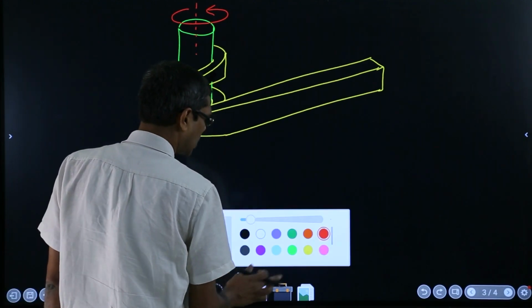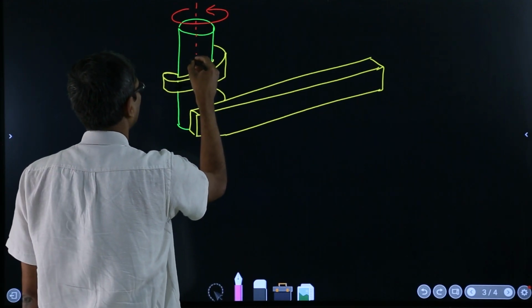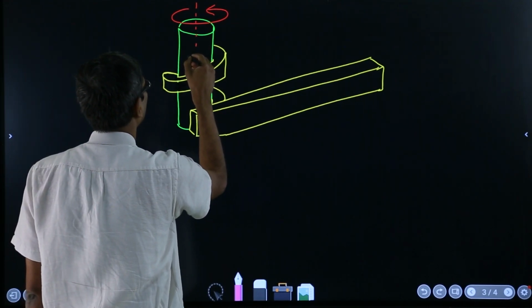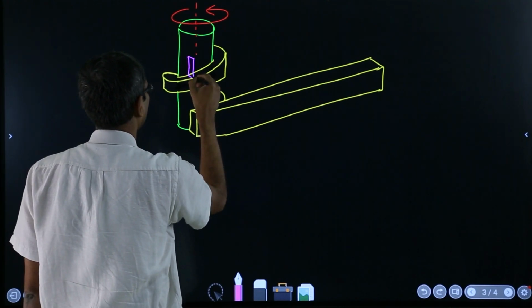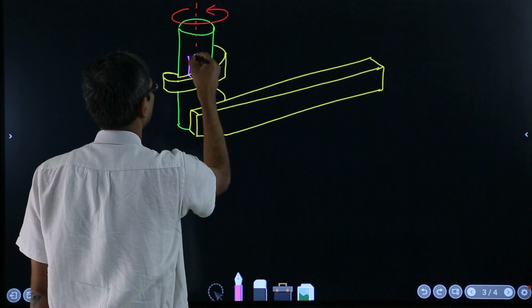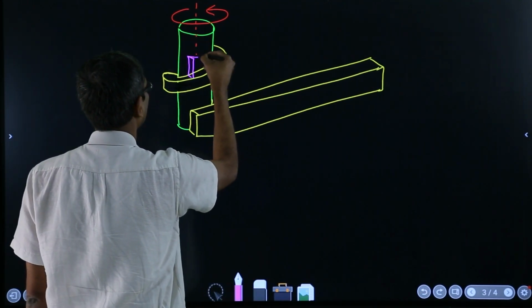For example, suppose now I have a body here. Let me try to draw it. Suppose some body like that, maybe a cylindrical body.